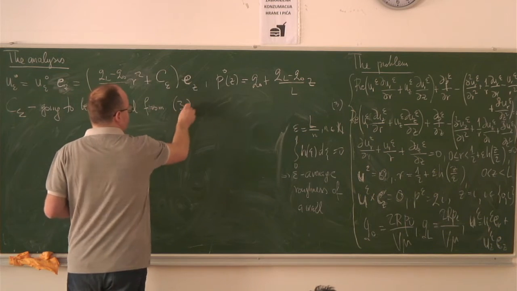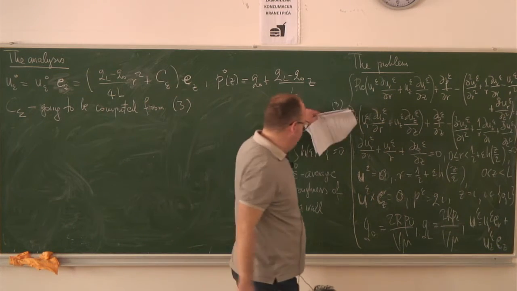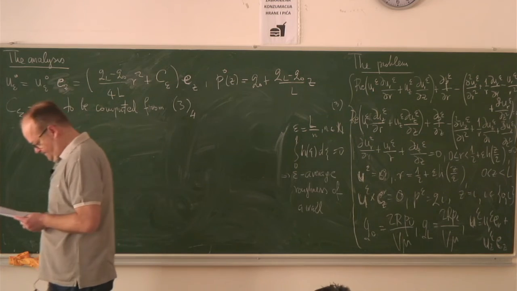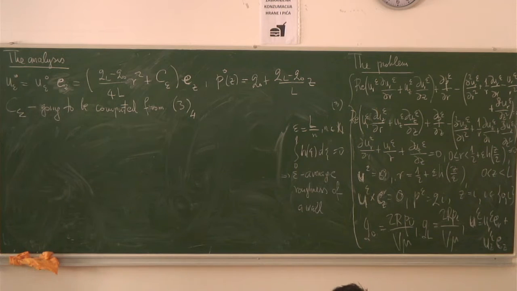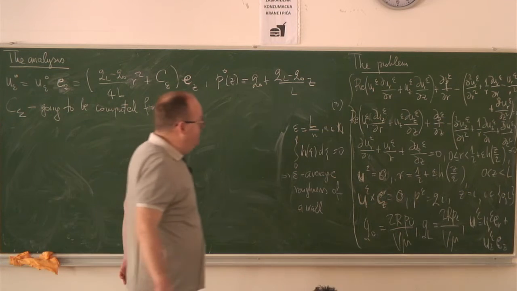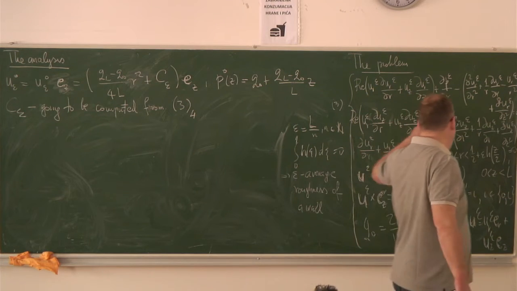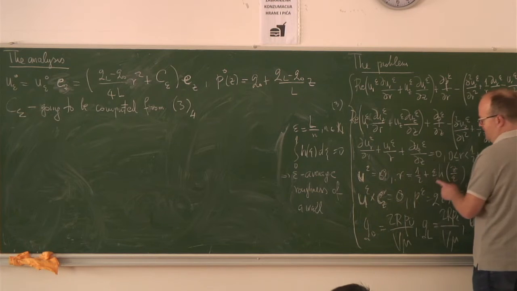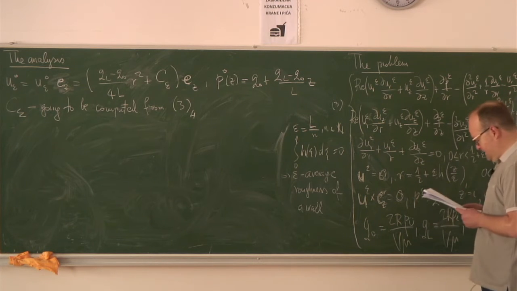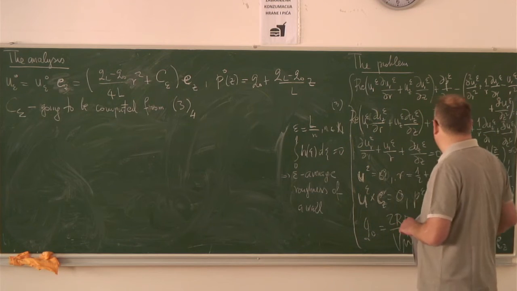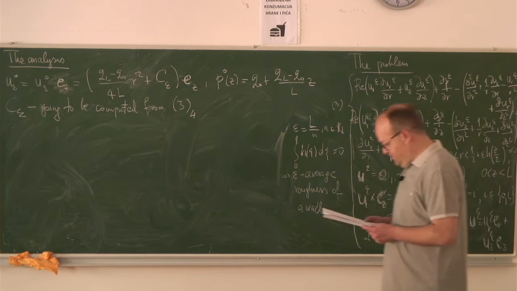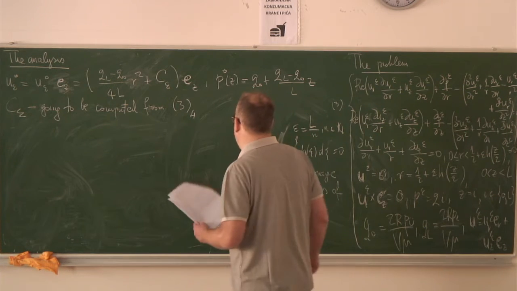from the condition 3, 1, 2, 3, 4. However, the rough boundary is corrugated. That means that it depends on the longitudinal variable. So we cannot compute it from this.